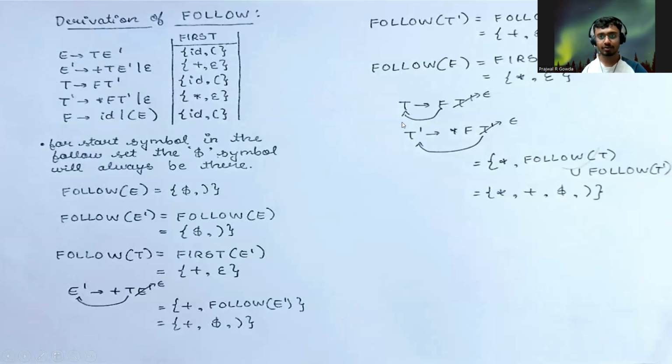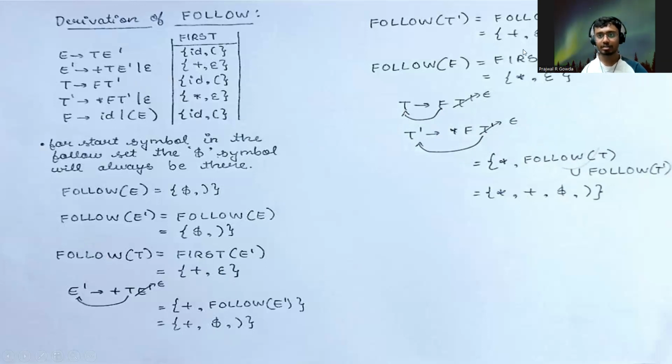If T dash is epsilon, then F is followed by T. Then in this production, if T dash is epsilon, then F is followed by T dash. So we consider star, comma, follow of T union follow of T dash. Follow of T is plus, comma, dollar sign, comma, closing parenthesis.